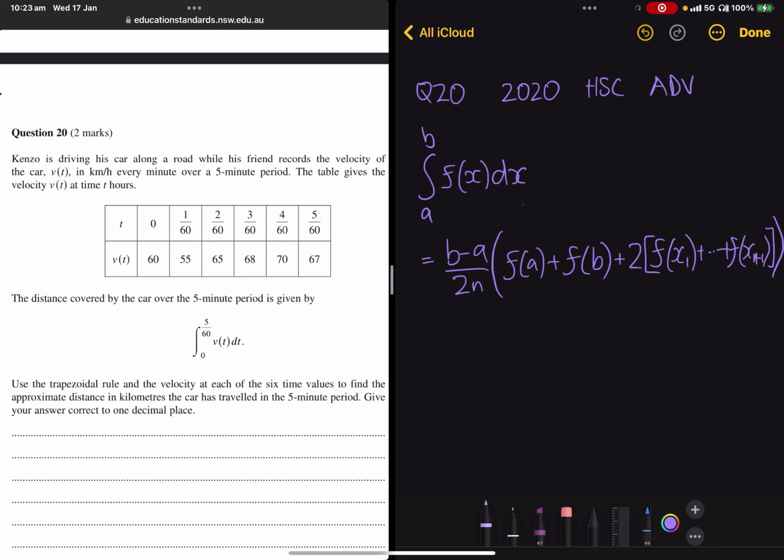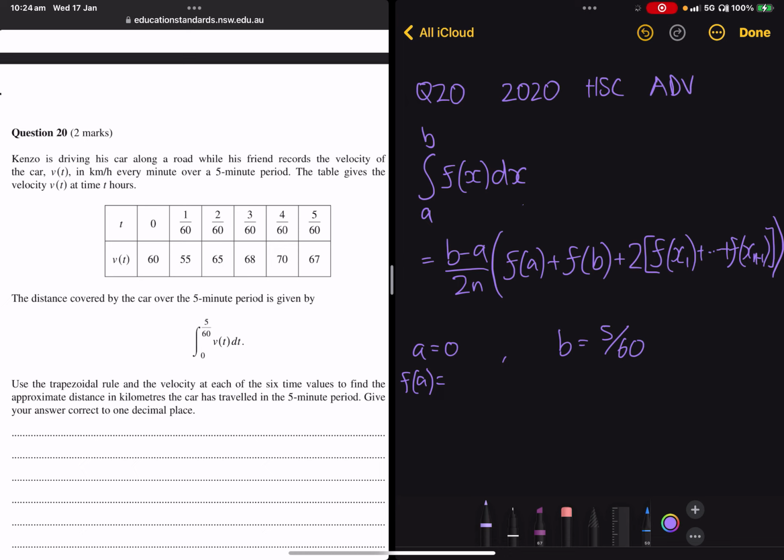So we have to work out f(a), n, b, f(b), and all of the intermediate f(x)'s from our table. The integral we're trying to find goes from 0 to 5/60. This means that a is 0 and b is 5/60. Now, we need f(a) and f(b) as well. f(a), if a is 0, is going to be 60, because when time is 0, velocity is 60.